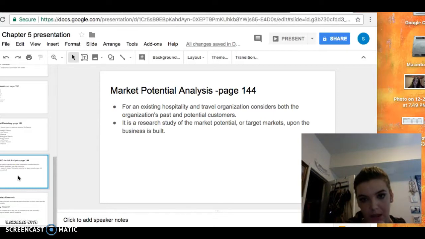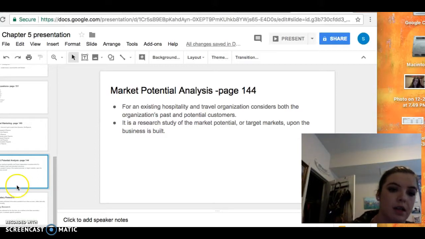Market potential analysis on page 144. We had kind of talked about this earlier. It's for an existing hospitality and travel organization, considering both the organization's past and potential customers. So you're going to be looking at the future and the past of this. It's a research study of the market potential or market targets upon the business built.